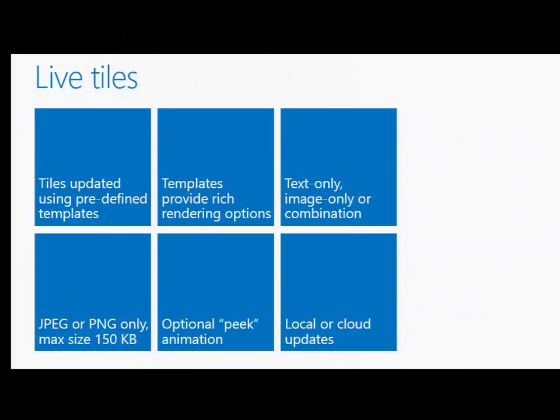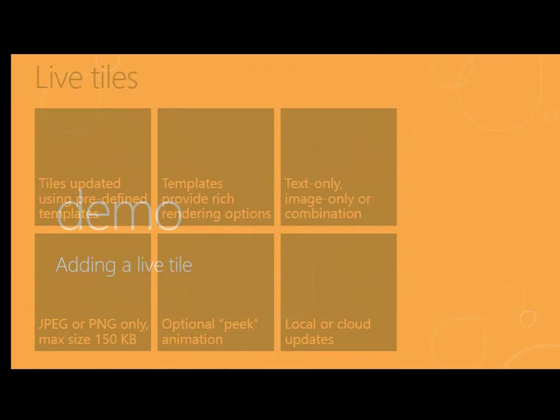So you don't actually have to manipulate the XML yourself. That's the one thing we're going to do, and afterwards we're going to see how we can update this live tile even when your app is not running. That will be done through a background task. First, let's start by adding a live tile to our application.